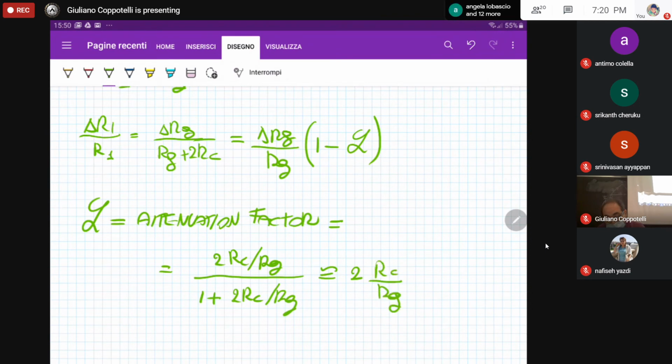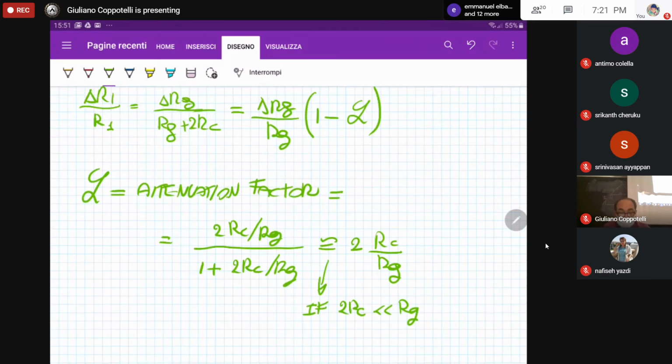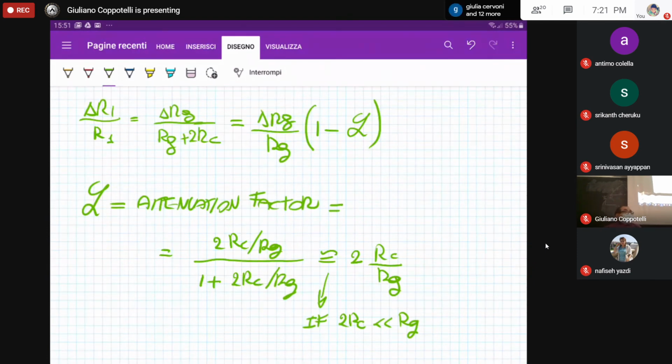That is sometimes verified, if 2Rc is much less than Rg. As you can see, the attenuation factor is something that is removing the effect of the change of resistance because of the strain.